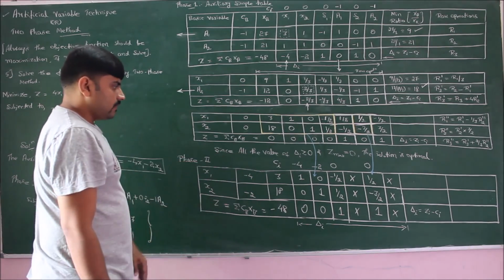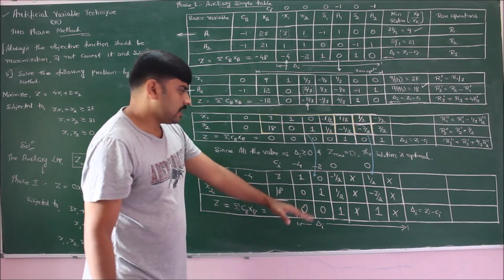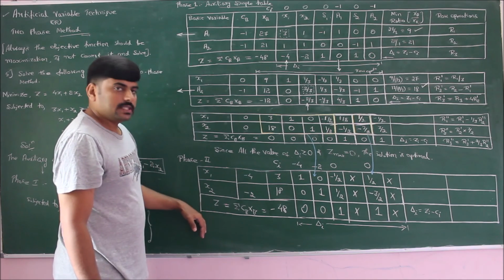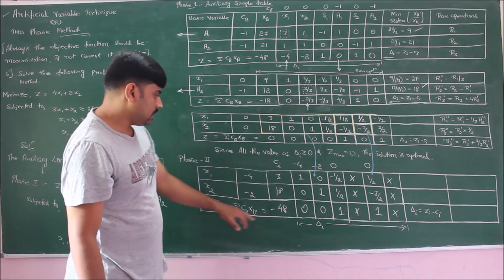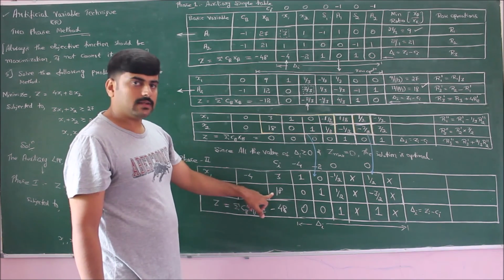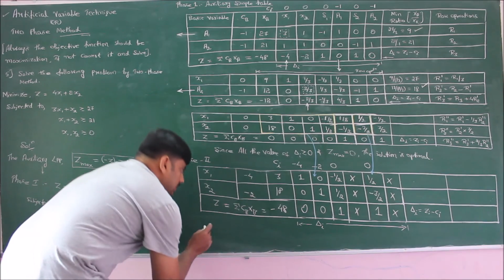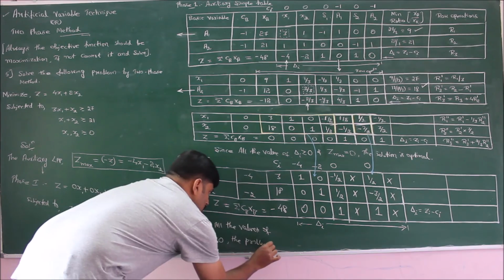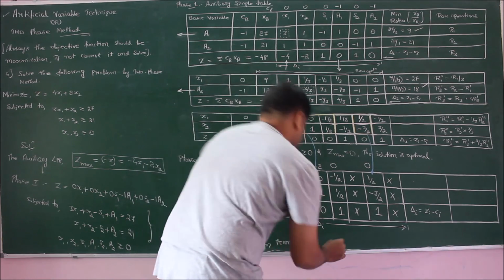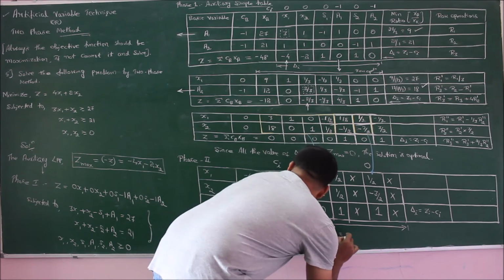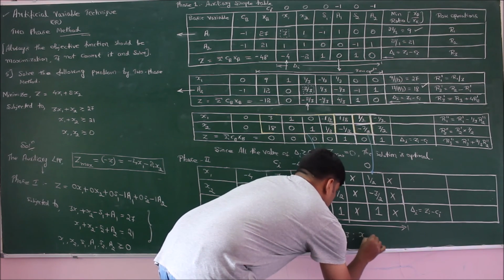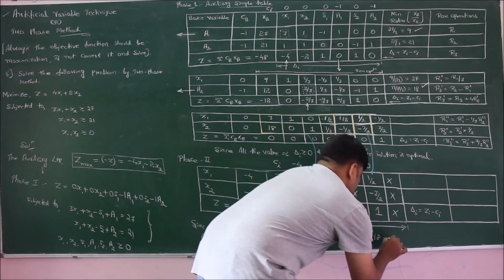So if you clearly observe, all the values of delta I are positive. Therefore, this ends the problem and the answer is for Z, it is minus 48, x1 is 3 and x2 is 18. Since all the values of delta I are positive, the problem terminates and the solution for the problem is x1 is equal to 3, x2 is equal to 18.